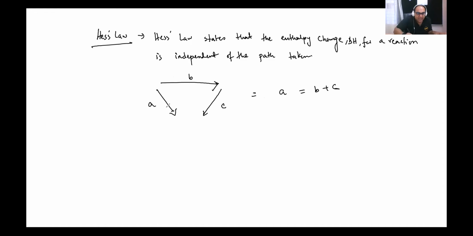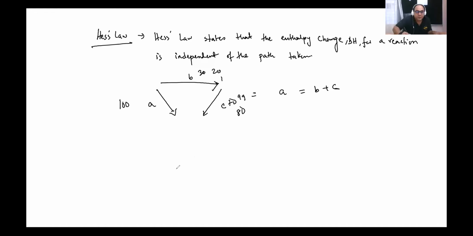So if A has a 100 kilojoule energy change, then B could be either 30 and 70, or 20 and 80, or 1 and 99. It could be anything, but the total energy change, irrespective of the route taken, will be the same. Total enthalpy change of a reaction.